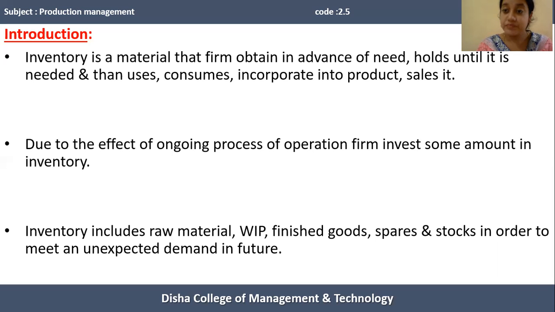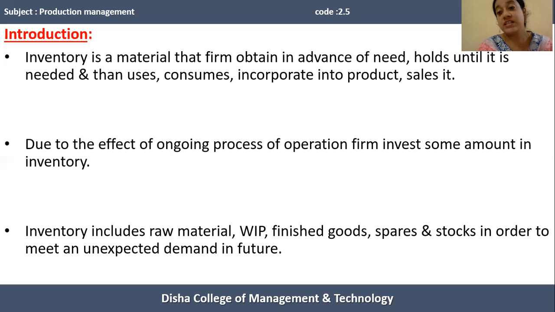Whatever items are necessary for manufacturing a particular product come under the definition of inventory. So we can say that inventory is a material which is necessary for manufacturing a particular product.